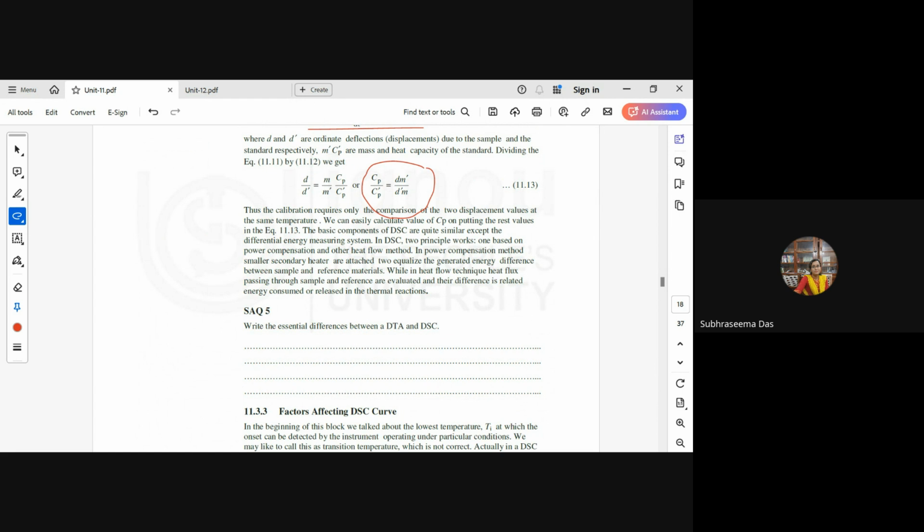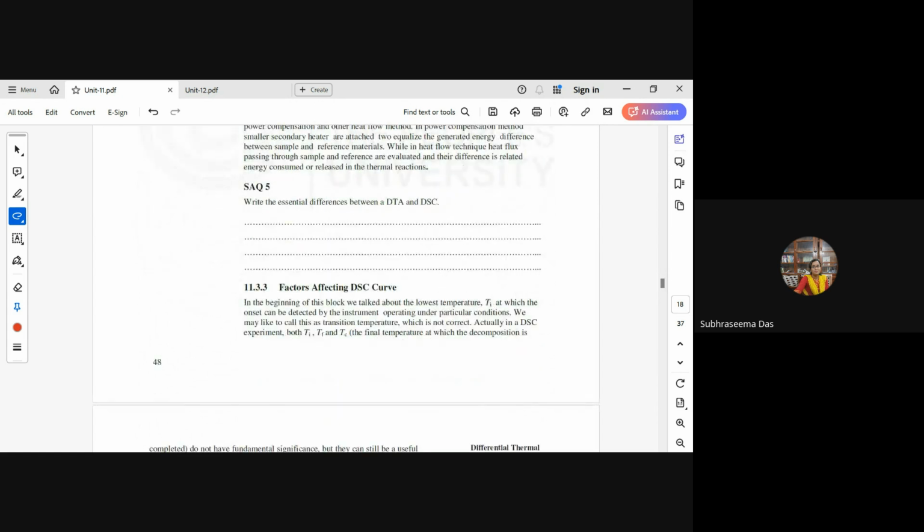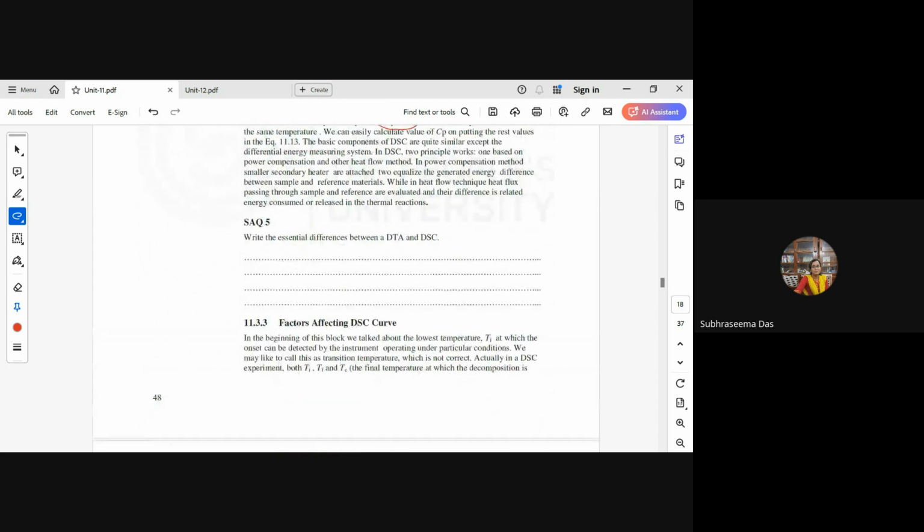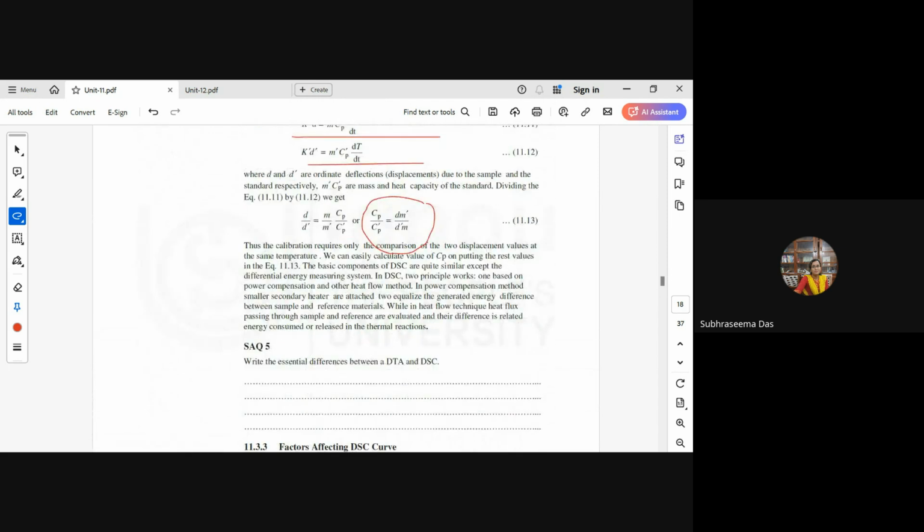While in the heat flow method, the heat flux passing through the sample and the reference is evaluated and the difference is related to the energy either consumed or released during the thermal reactions. In general, this is the basic working principle of a DSC.